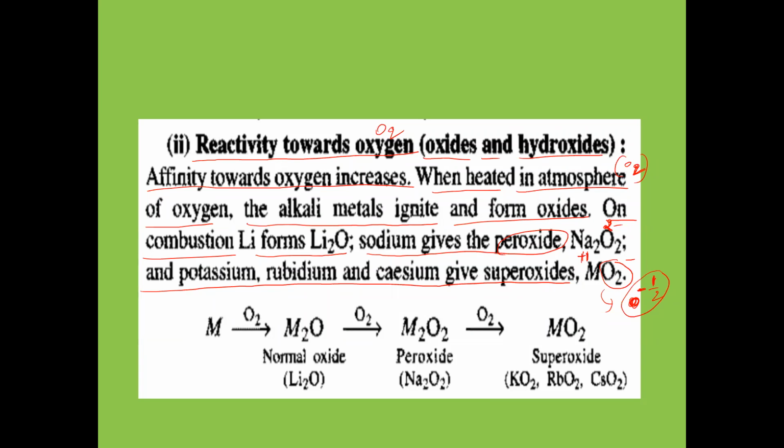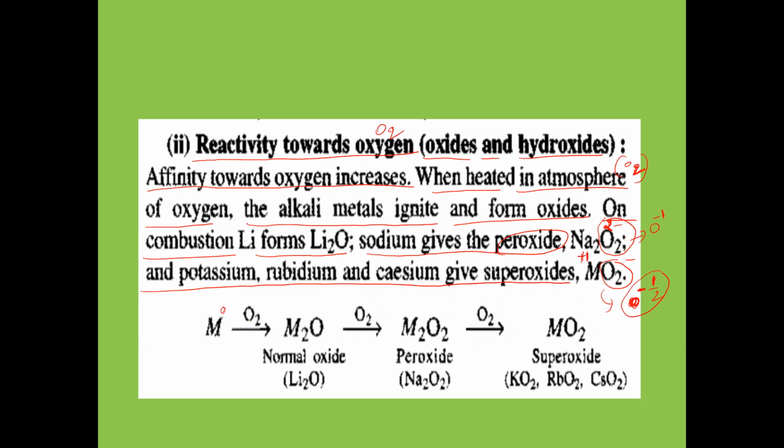When O2 minus 2 is there, it is called peroxide, each oxygen is getting minus 1. 2 oxygens got minus 2 here, then 1 oxygen gets minus 1. So this is called peroxide, and O minus 1 by 2 is called superoxide.